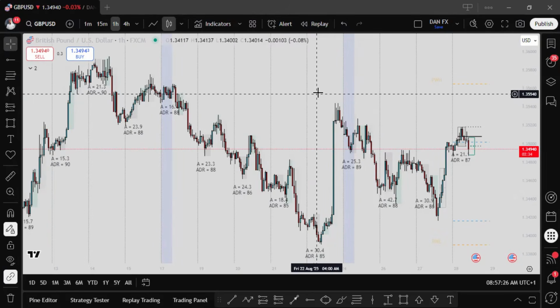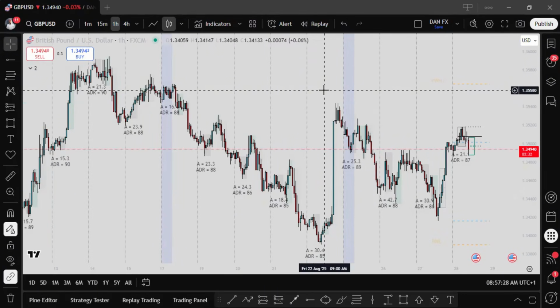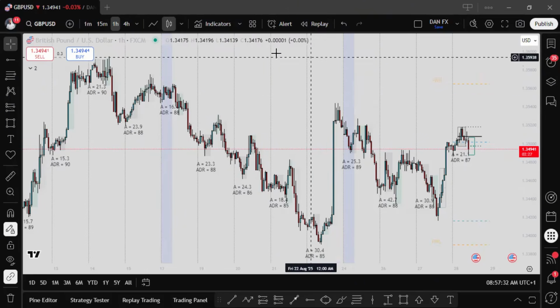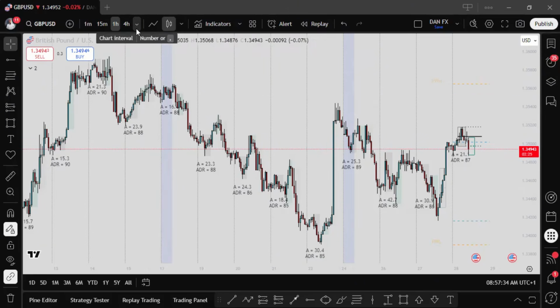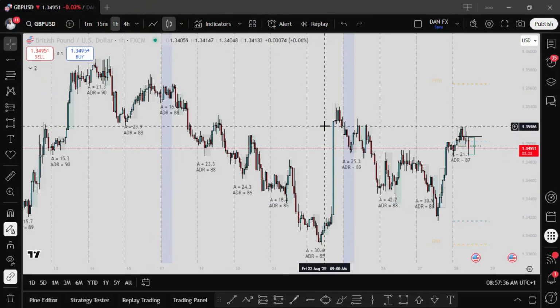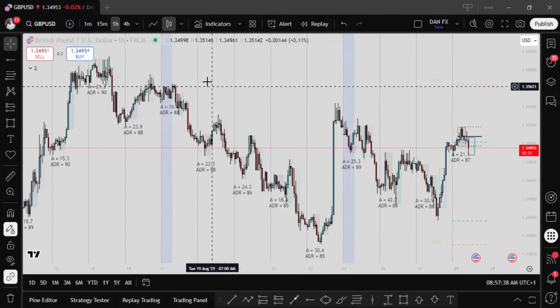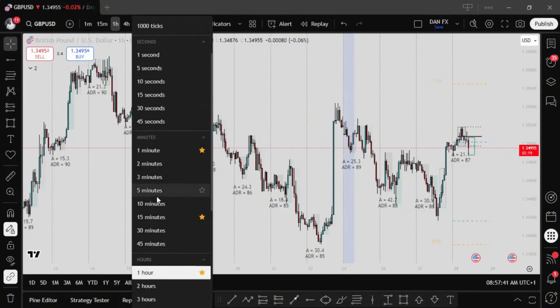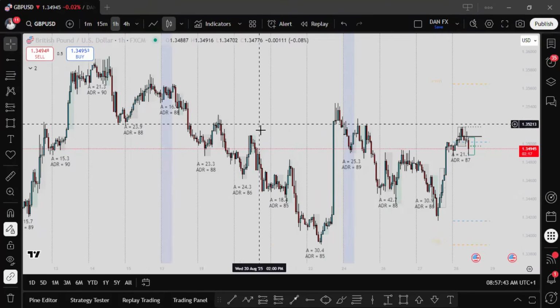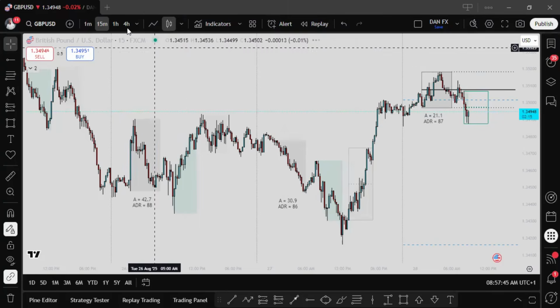Before I show you how to do technical analysis in the form of top-down analysis, you first of all need to know what not to do. What I usually see people do is, for example, let's say I trade on the 15-minute time frame.